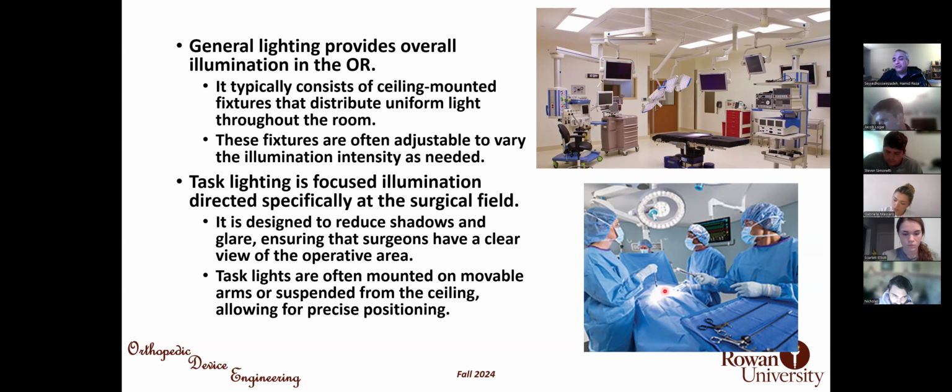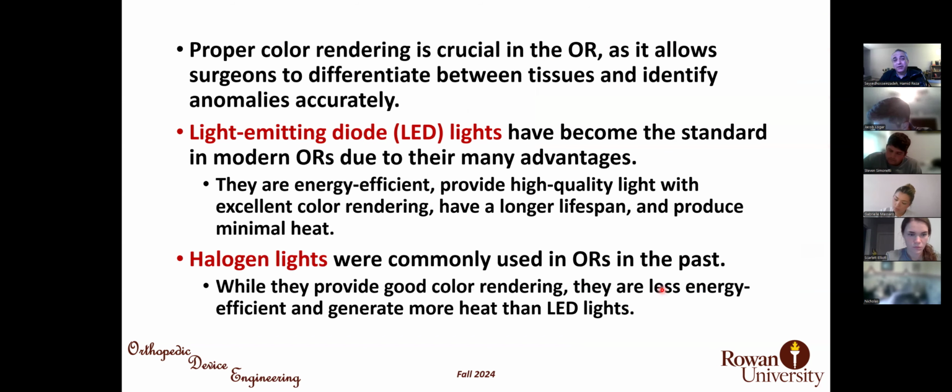So the only shadow may be the shadow of the devices and the hand, and they are small, and they are a very critical part of the operating rooms.